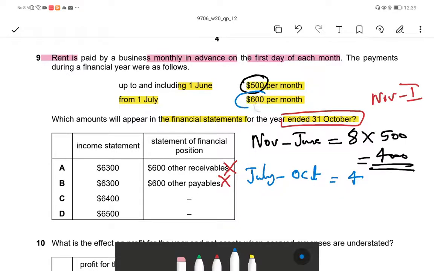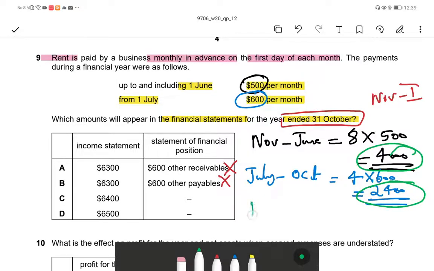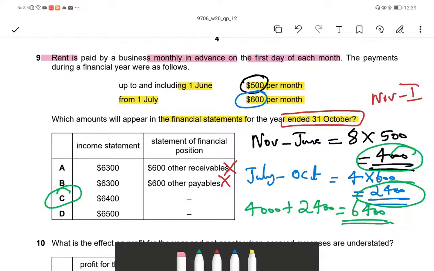What is the amount? 600 into 4 is 2,400. The question is really easy. So the amount is 4,000 plus 2,400, which is 6,400. The correct answer is C.